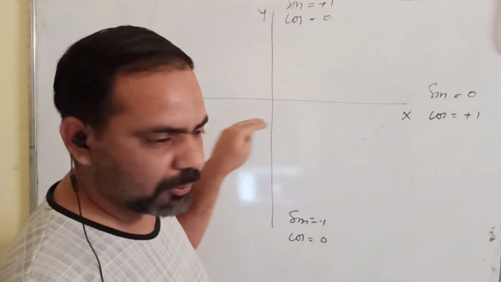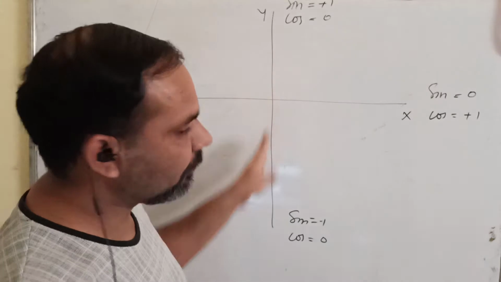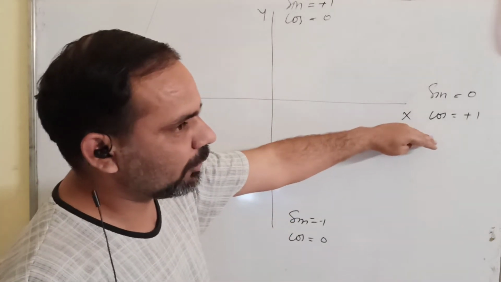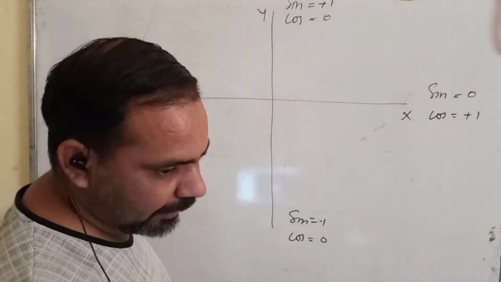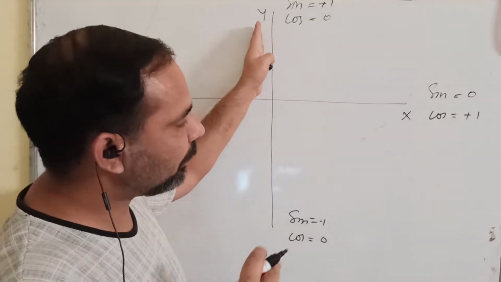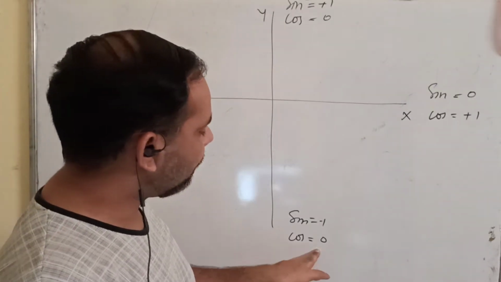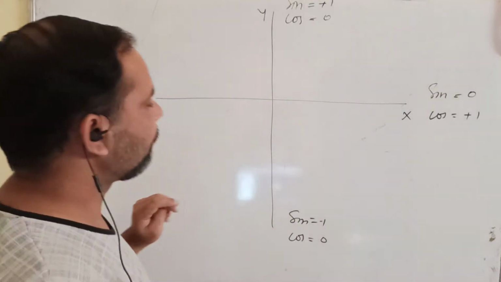So the simple thing is, on the horizontal axis sine is 0, on the vertical axis cos is 0. Cos is plus 1 on positive x, minus 1 on negative x. Sine is plus 1 on positive y and minus 1 on negative y.